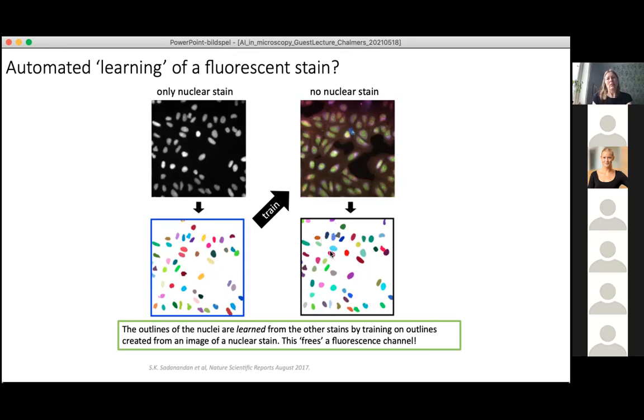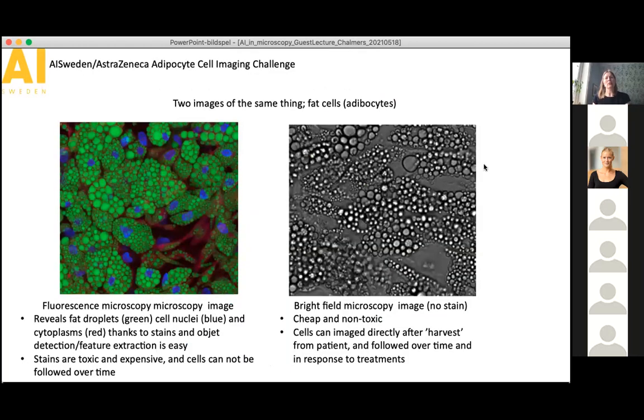So we can learn things from one another, and in this way free channels so that we could use the blue color that is usually used for the nuclei and stain something new and then extract more information from the images. And this is something that we used more recently also.